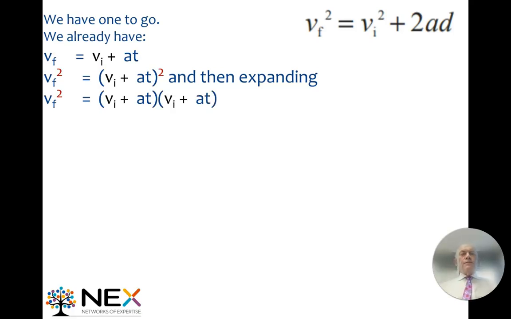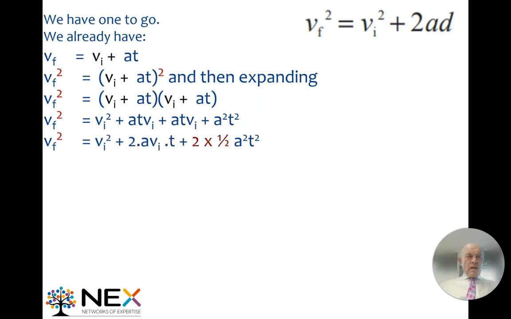Using the FOIL, F-O-I-L, first, outer, inner, last, we have Vi squared plus, and then the outer, Vi times at, inner, at times Vi, plus the two last ones multiplied together, a squared times t squared.